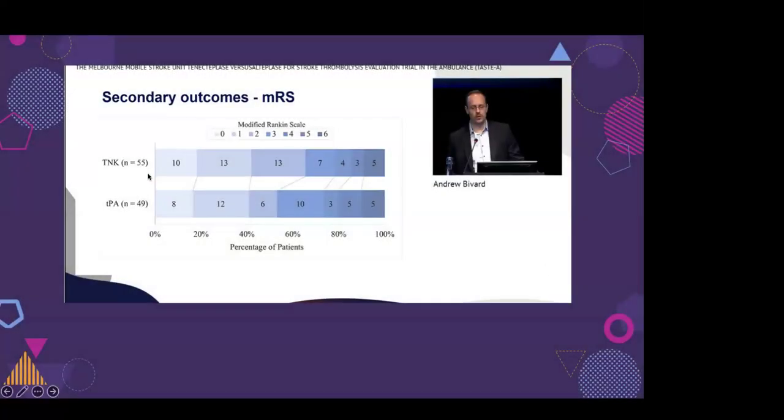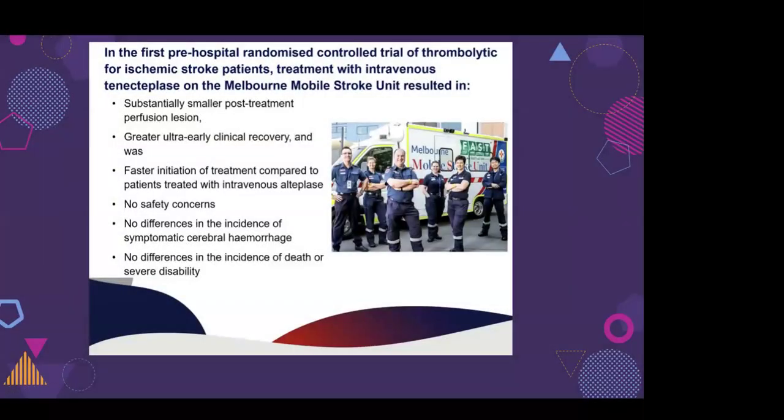Anyway, for the TNK, the secondary outcome, which is the mRS at 90 days, was more or less similar, if not better.